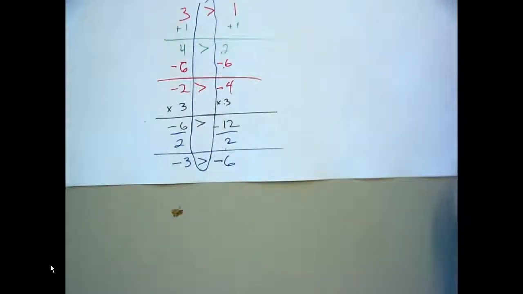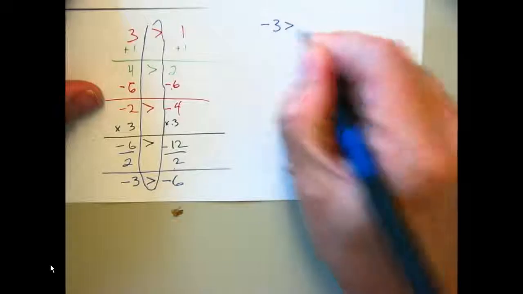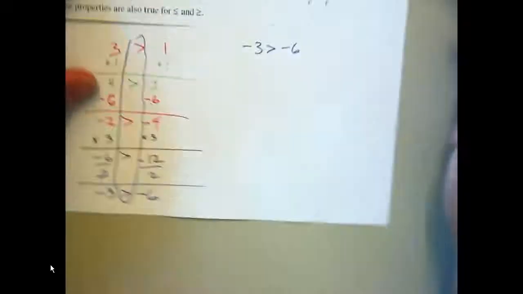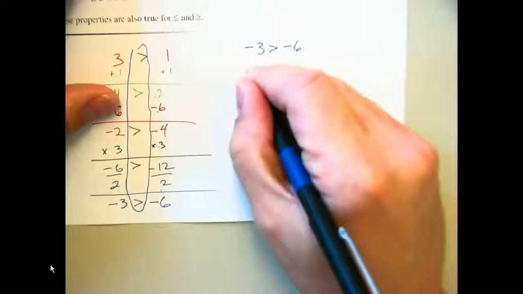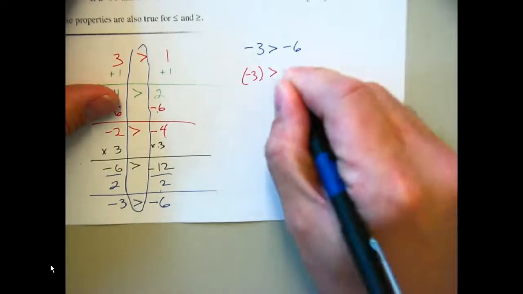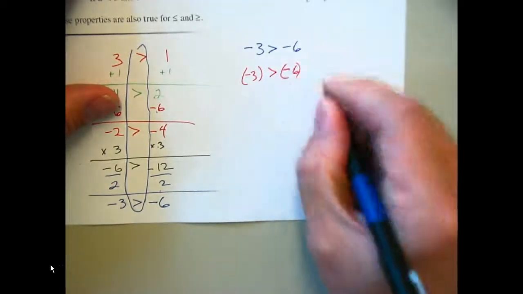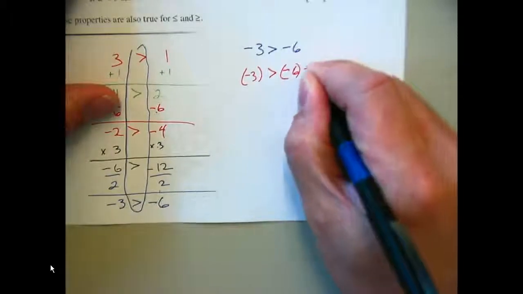Now, if I take my negative 3 and my negative 6, and I put them in parentheses, I'm going to multiply them by negative 4.